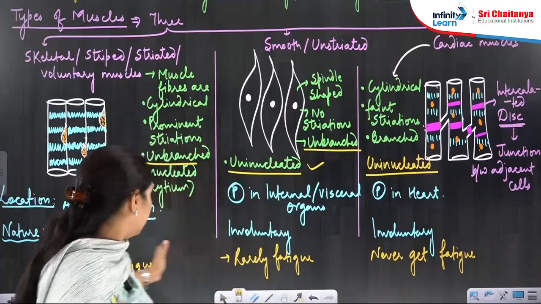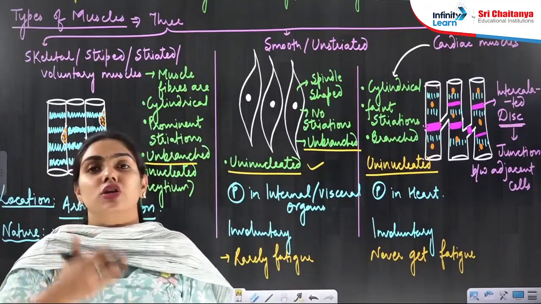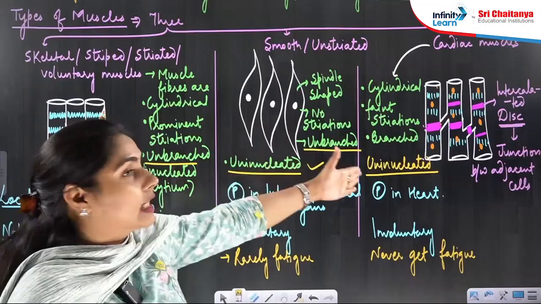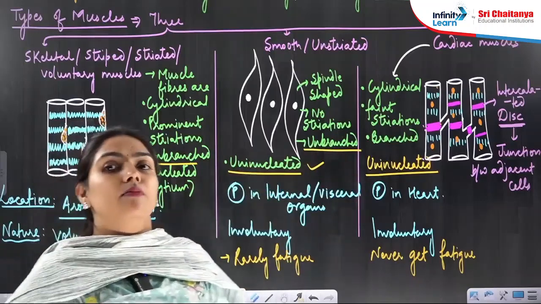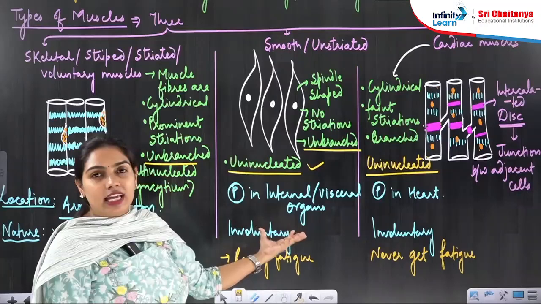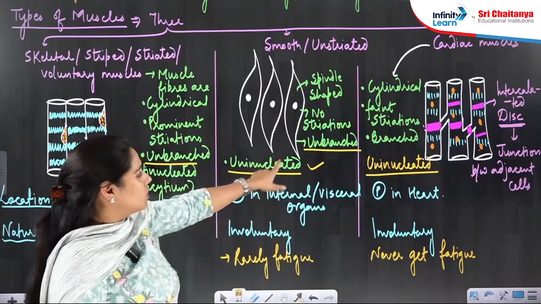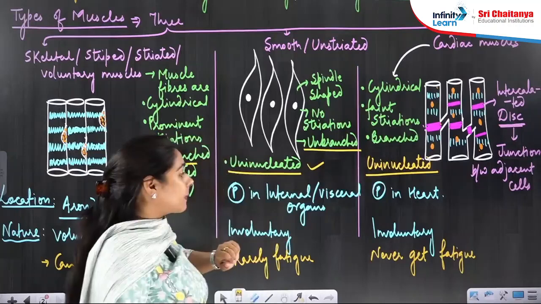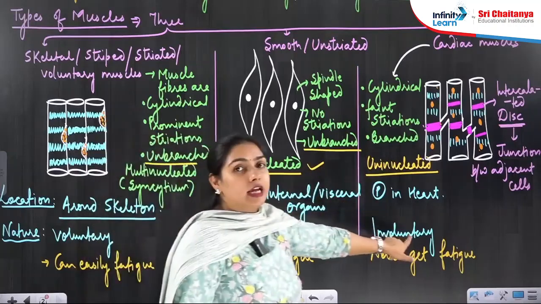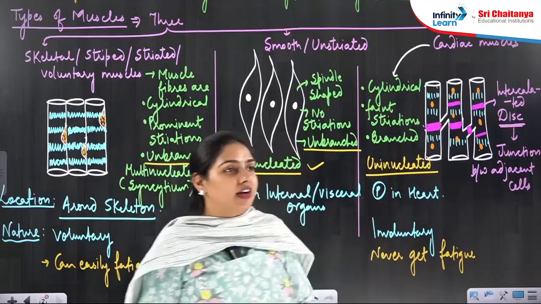Skeletal is voluntary, and these two are involuntary, so involuntary is also a similarity between smooth and cardiac. They don't fatigue, that is also a similarity. So you can see three similarities: uninucleated, involuntary, and they don't get fatigued.